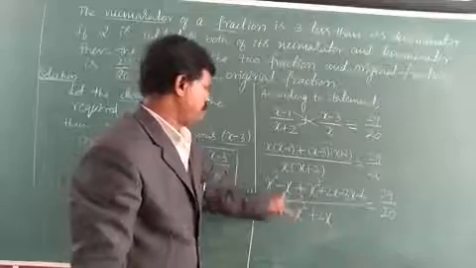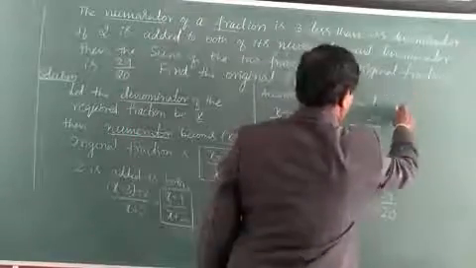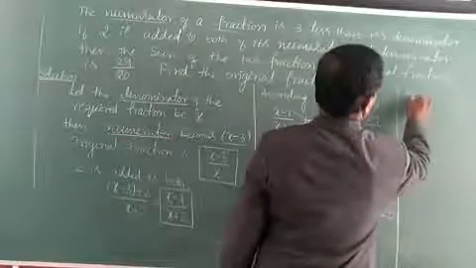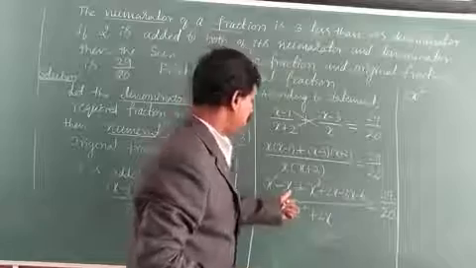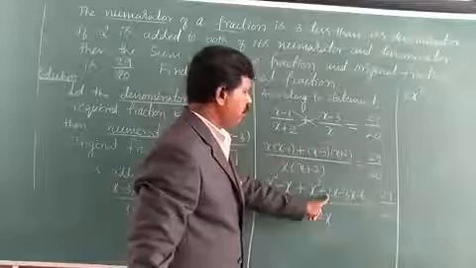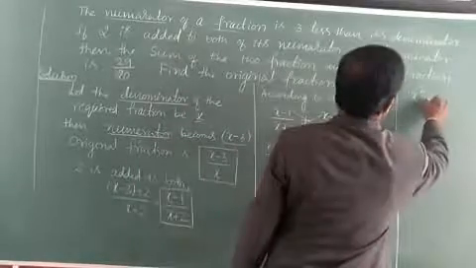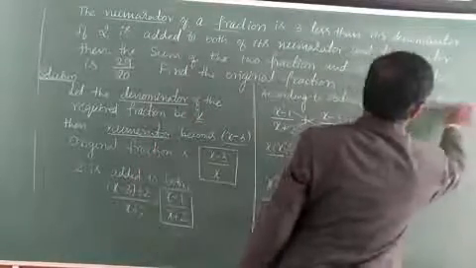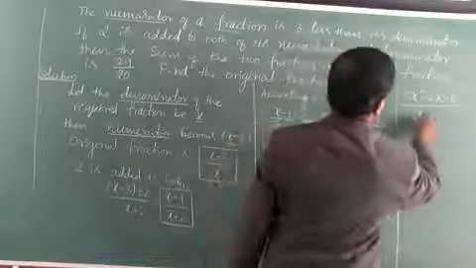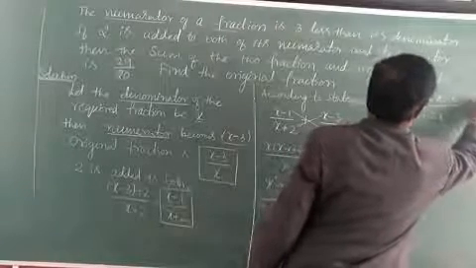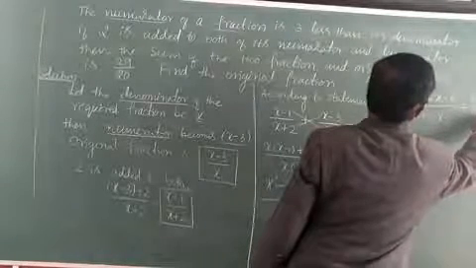Now simplify: x square plus x square is 2x square. Now minus x, minus 3x is minus 4x. Out of that plus 2x means minus 2x. Then left out is minus 6, whole divided by x square plus 2x. On the right hand side we have 29 by 20.